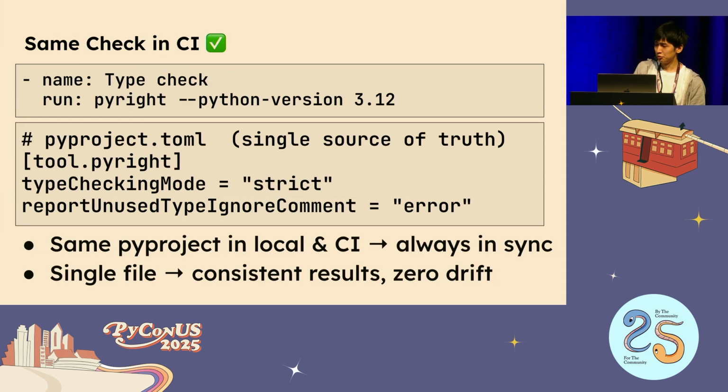Also, we should use the same configuration in CI, in GitHub Actions: name, type check, and run command. And we use the same configuration for Pyright in pyproject.toml.